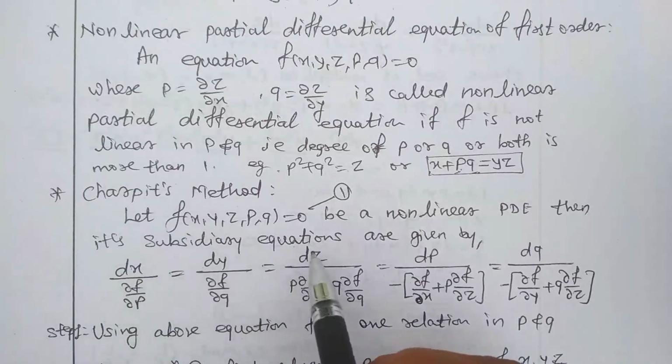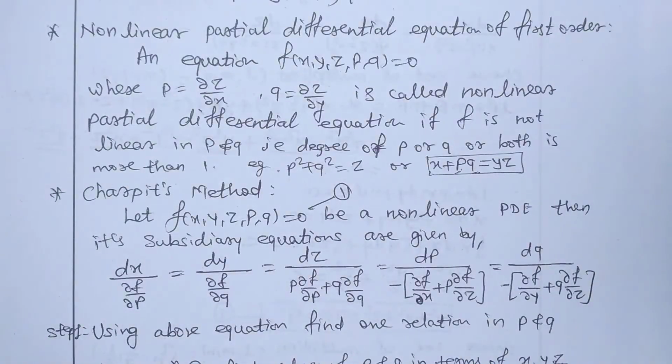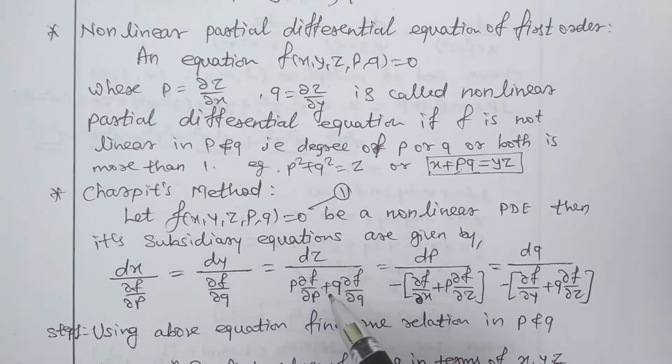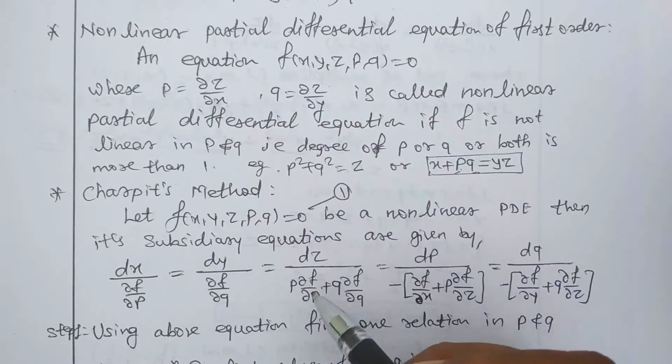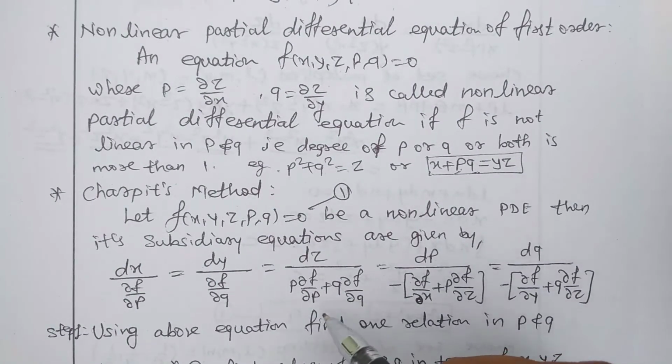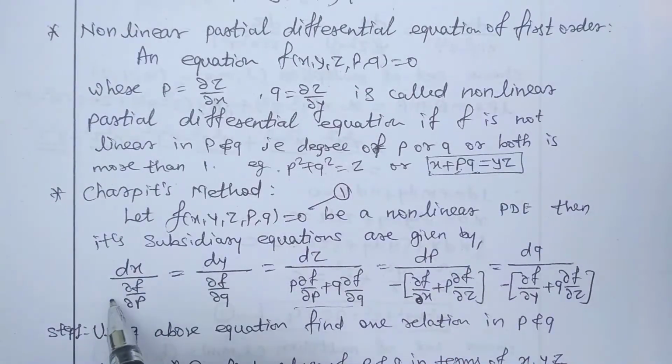Then its subsidiary equations are given by dx upon ∂f/∂p equals dy upon ∂f/∂q equals dz upon p ∂f/∂p plus q ∂f/∂q. See the denominator here, the denominator is nothing but p into ∂f/∂p plus q into ∂f/∂q.